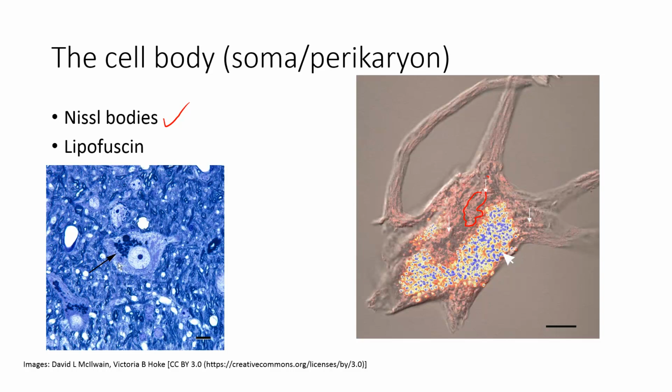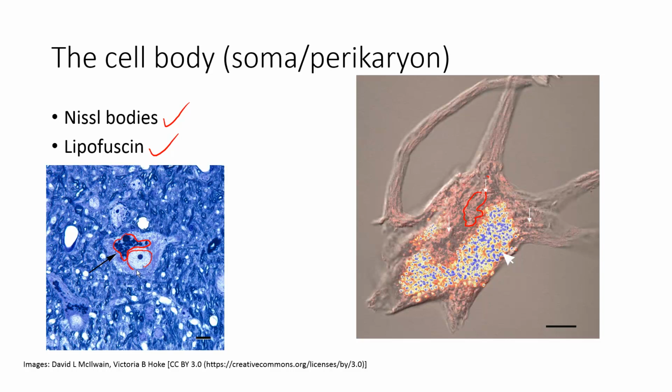On the left here, at the end of the arrow, we see some aggregates of a material known as lipofuscin. Lipofuscin, when viewed in unstained tissue, has kind of a brownish color to it, and it's actually the remains of old dead lysosomes.